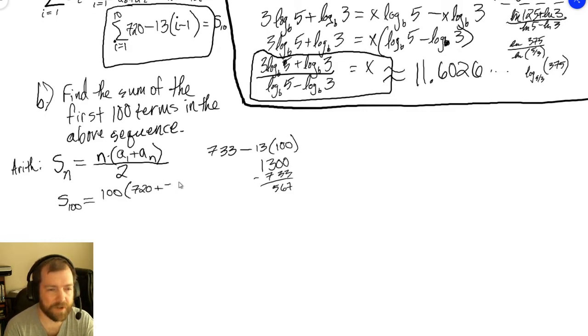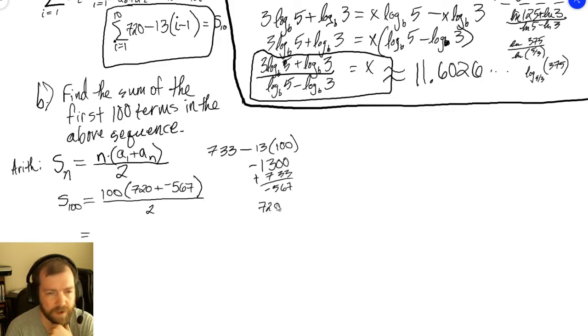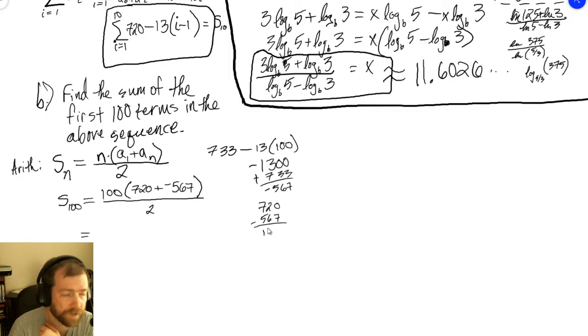So that's going to be a negative 567 due to the fact that, again, this was actually negative 1300. But anyway, and then divide by 2. So 720 minus 567 is going to be a 100. That's what I get for doing it this way.